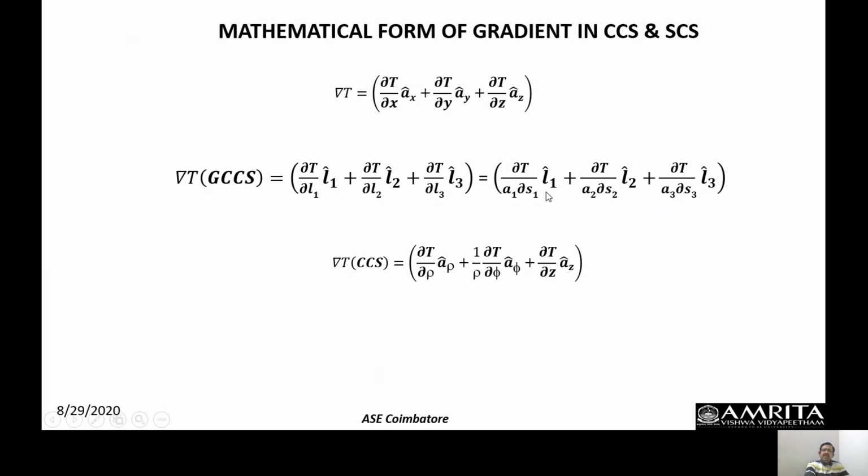A1 will be 1 because it's a linear parameter, the radial direction. A2 is r. A3 is what? r sin theta. And ∂S1 will be ∂r, ∂S2 will be ∂theta, ∂S3 will be ∂phi. So substituting that, I can write it. So, super simple.